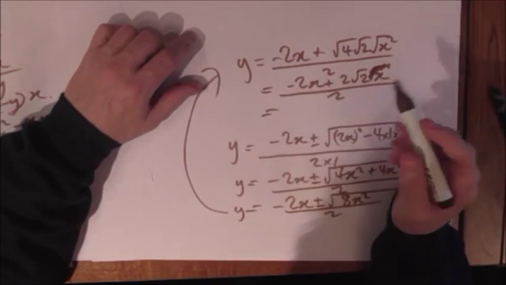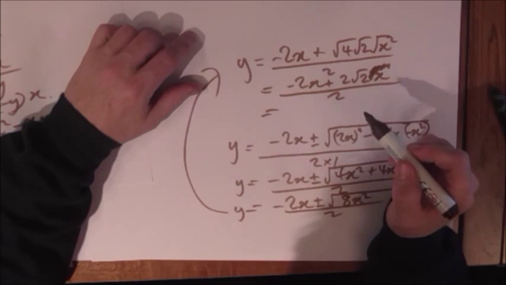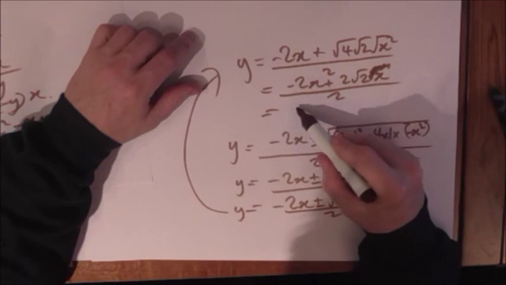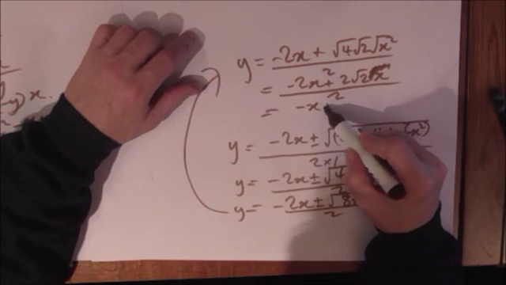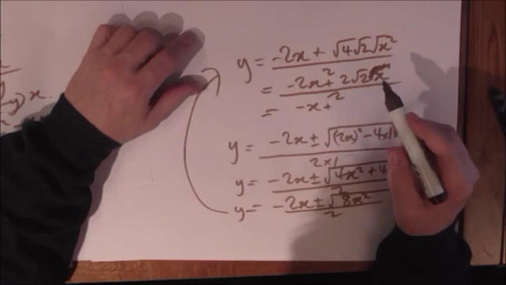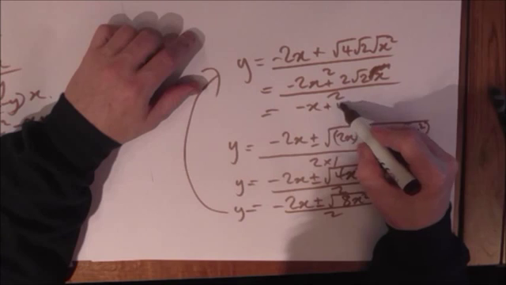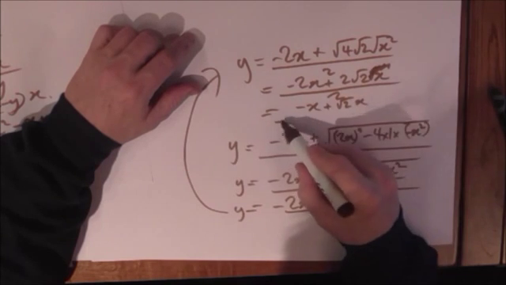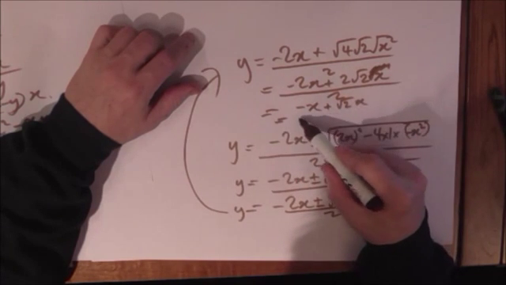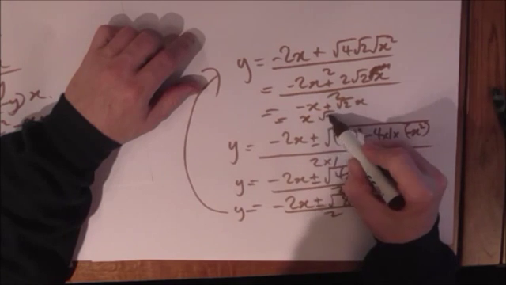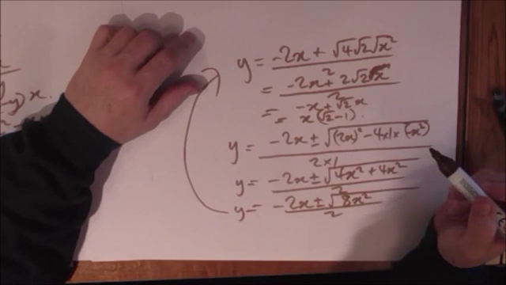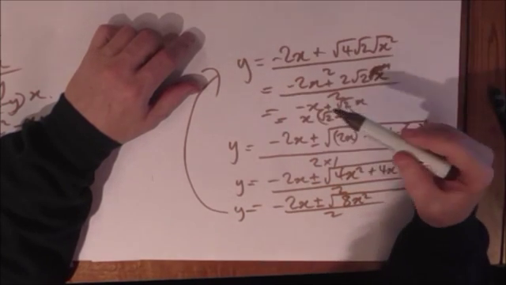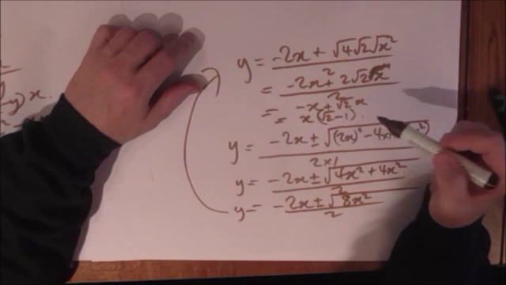So y equals negative x plus root 2 x. So therefore, factorize this, you get root 2. So in other words, to get y, you need to times x by root 2 minus 1.